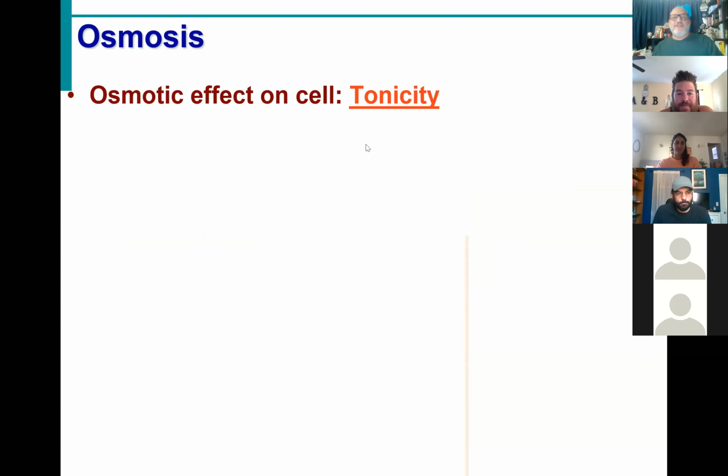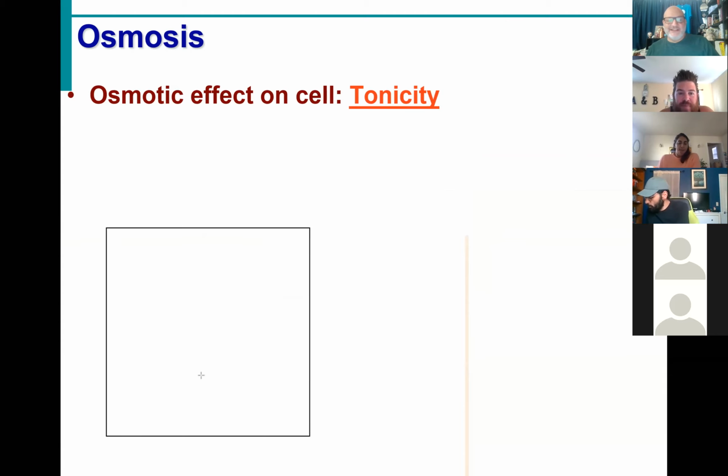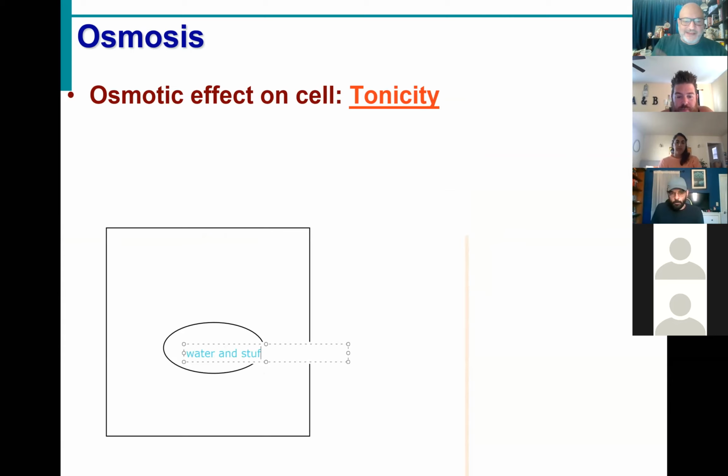The reason for that is what we call tonicity. We know that the cells inside of our body have water inside of them and have stuff. So we have water and stuff inside of our cells. And they need to be surrounded by water and stuff.